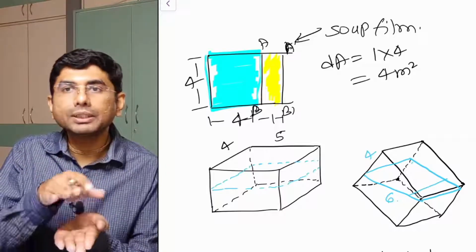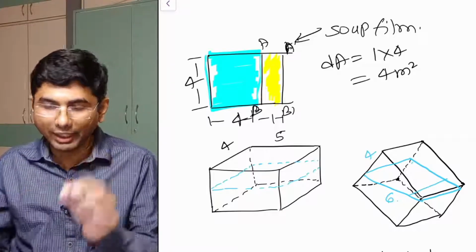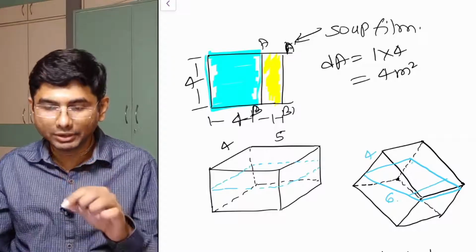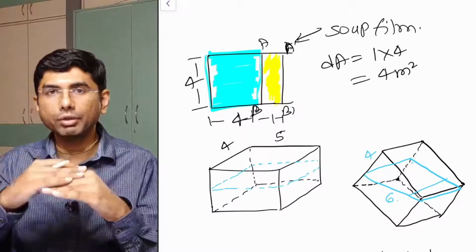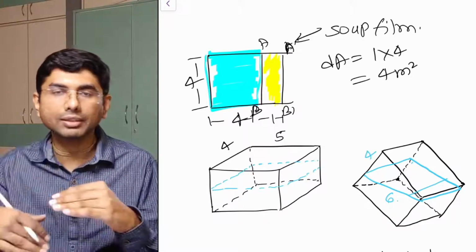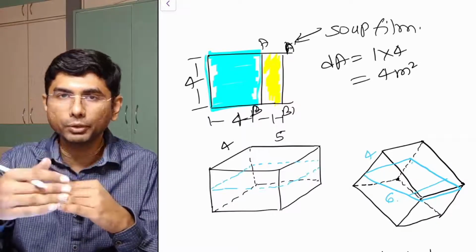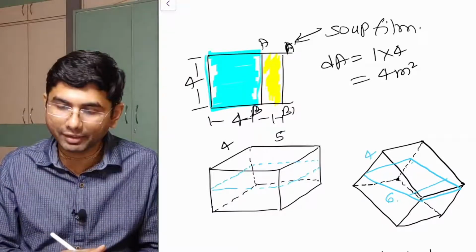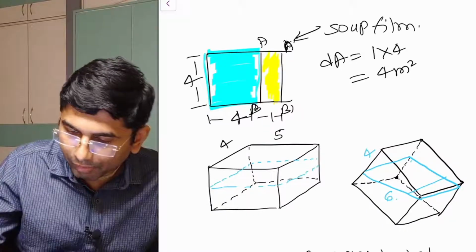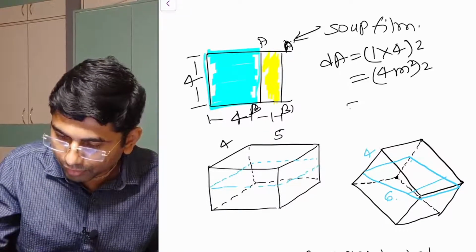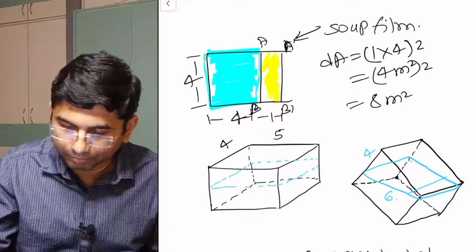From the above surface the change in area is 4 meter square, but that's not the effective area, because this is a soap film. A soap film is open to the air on one side and the other side also, so the above surface and the down surface are both open to the air. In that case the effective area will be twice this value, 8 meter square.